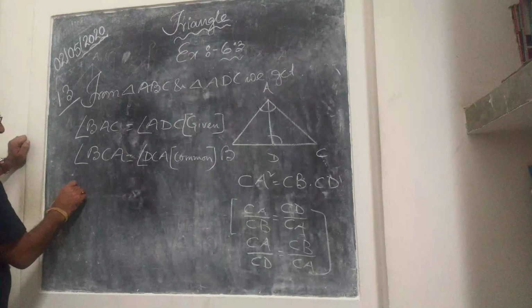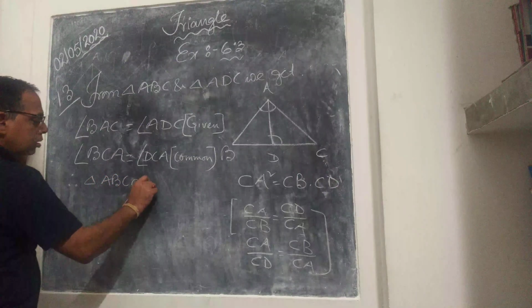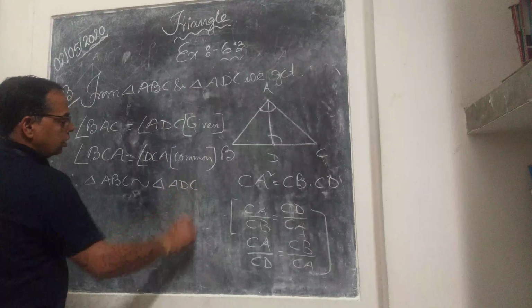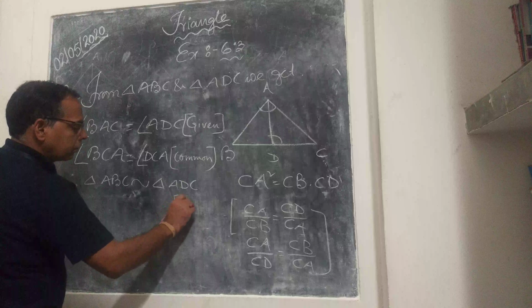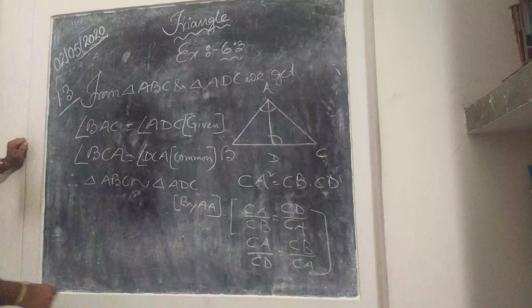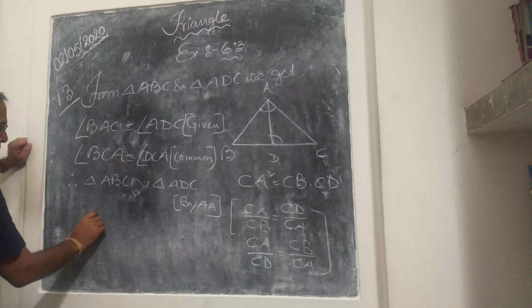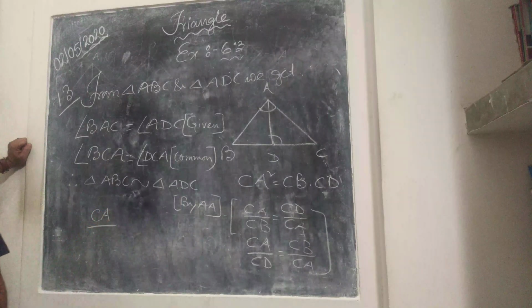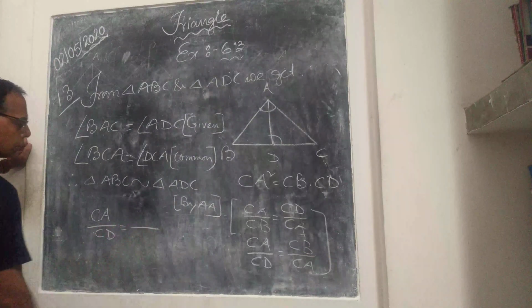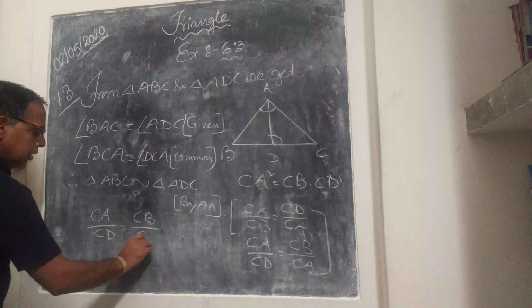Therefore, triangle ABC is similar to triangle ADC by AA. Then whatever we have written there, we can write CA by CD equals CB by CA.